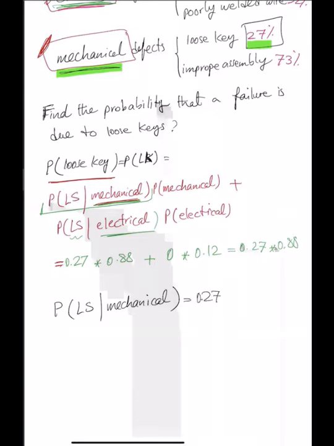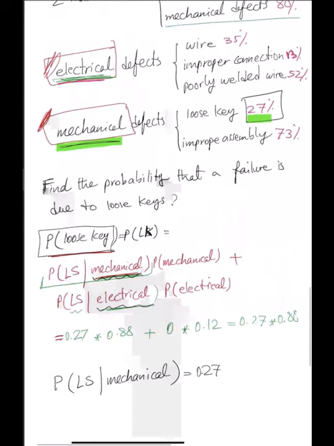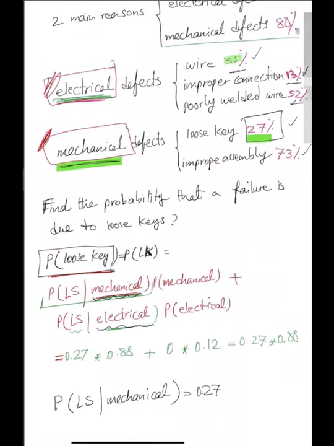But here, I'm not telling you if it's mechanical or electrical. So then you have to condition on if it's mechanical or electrical. The reason is that these other probabilities are all you have. These numbers are the only thing you can multiply, add, or do whatever with to answer the questions. And pay attention that you have these numbers under the condition of knowing if it's mechanical or electrical.